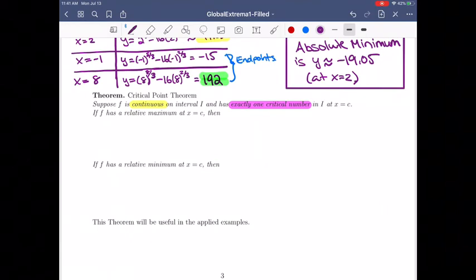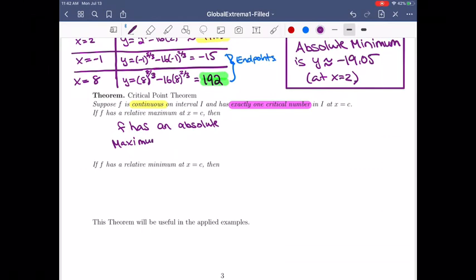So if f has a relative maximum at x equals c, then f has an absolute maximum at x equals c. Another way to say this is f of c is an absolute max.